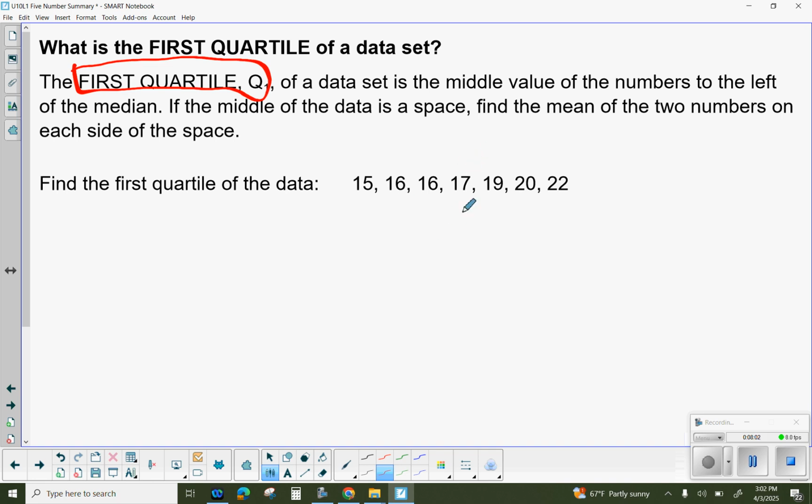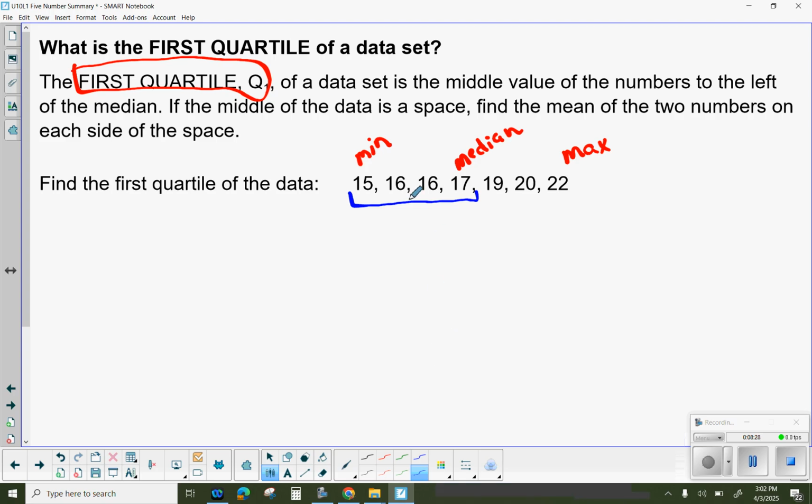So let's look at this part right here. We discovered that this was the minimum, this was the maximum, this was the median. So quartile 1 is going to be the median of this first set. We're going to find the median of that set of numbers.